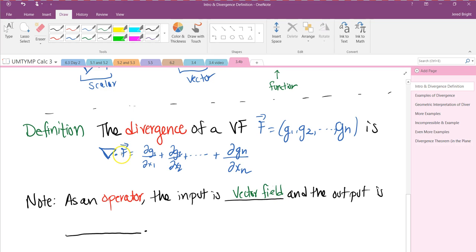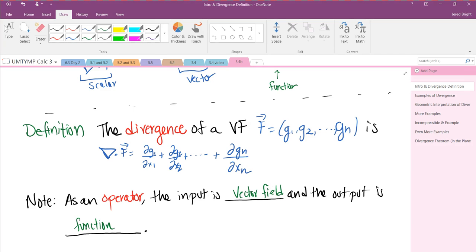Because we have to have some vector field input, and then the del here is really an operator. Okay, and then when we look at the output, well, we get a function, which we think of as a scalar function.